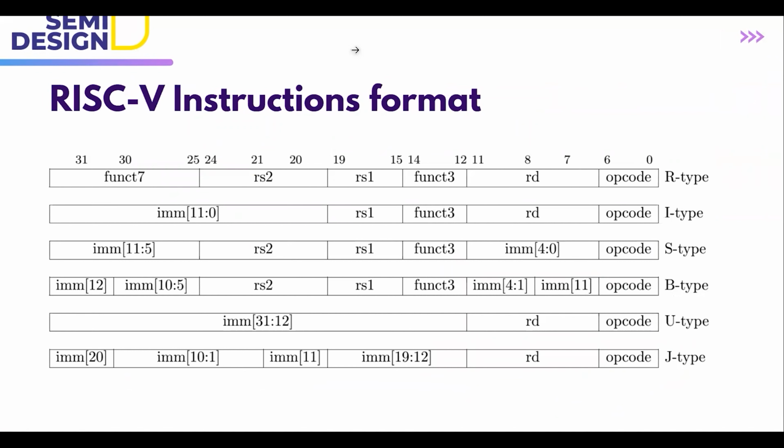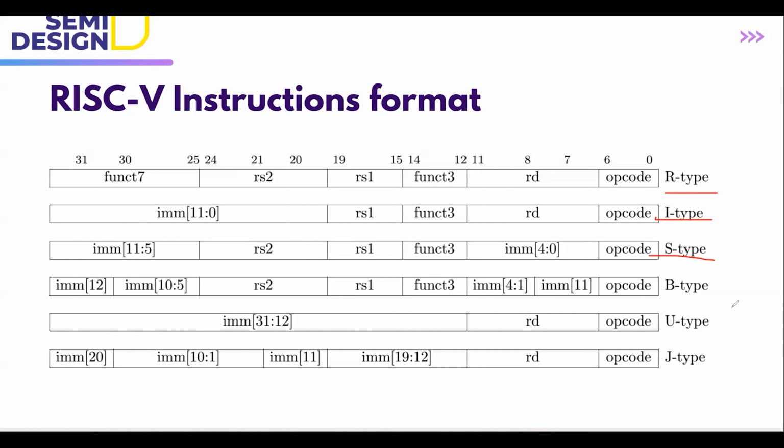First one is the R type. R is nothing but register to register; we are transmitting data from register to register. Next, I type, in the sense register immediate; we'll send immediate data. S type means store; in S we have both load and store type.